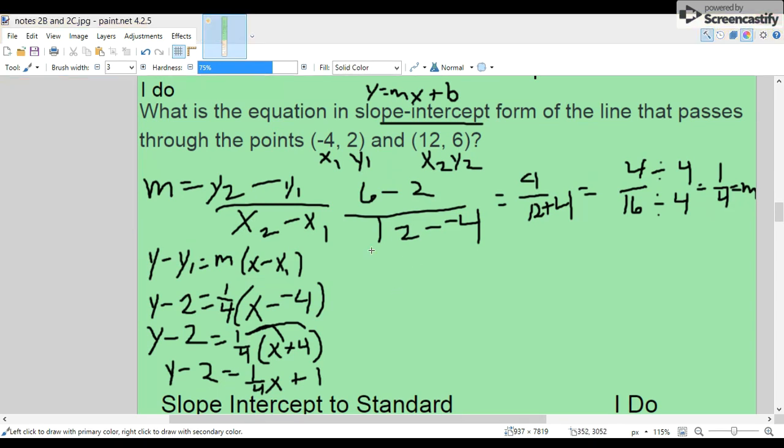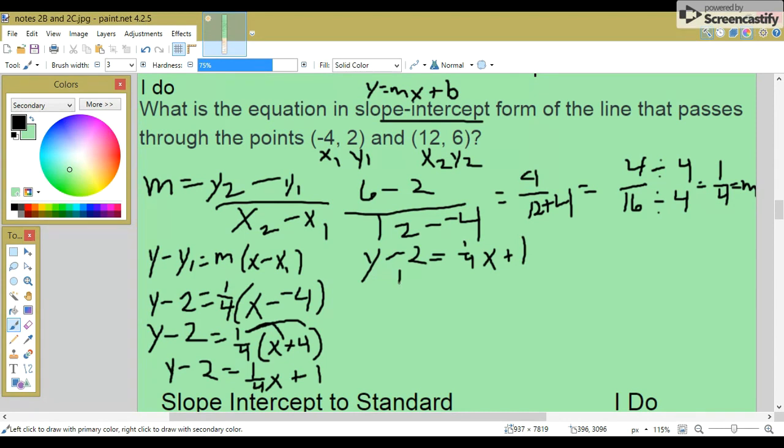I will go ahead and rewrite this equation right here so we can continue with the steps. So plus 2, we will line up the constants on top of each other. So we have y equals 1/4 x plus 3. And that is our slope-intercept form.